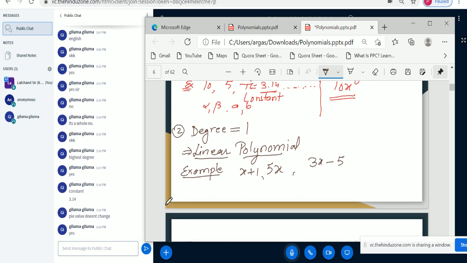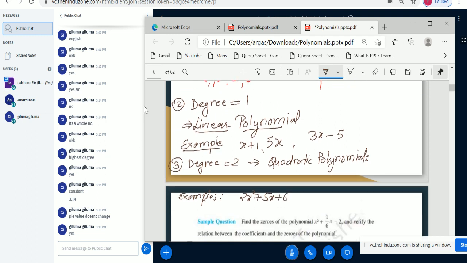Okay, if degree equal to 2, then we simply say quadratic polynomial. Okay, for example, like 3x square plus 5x plus 6.